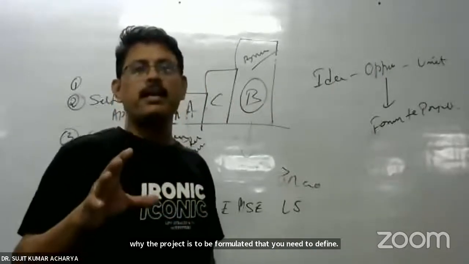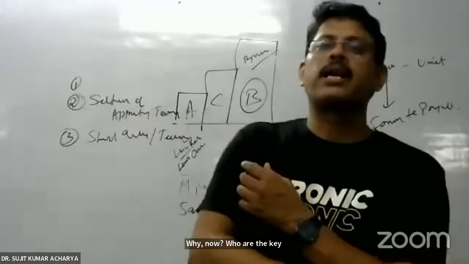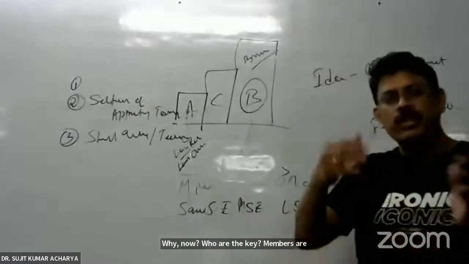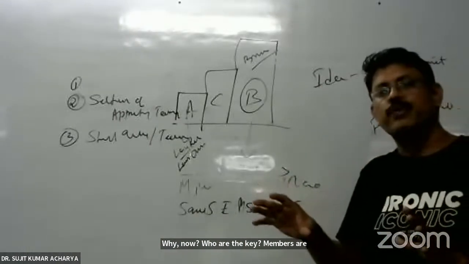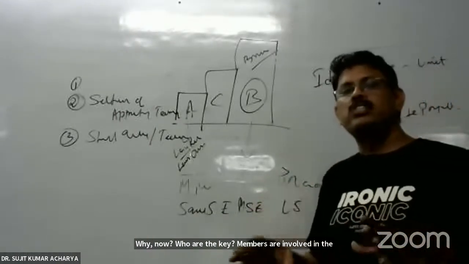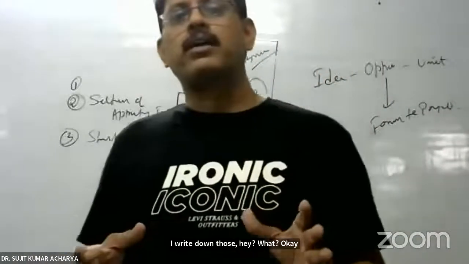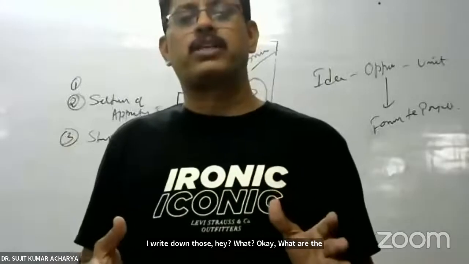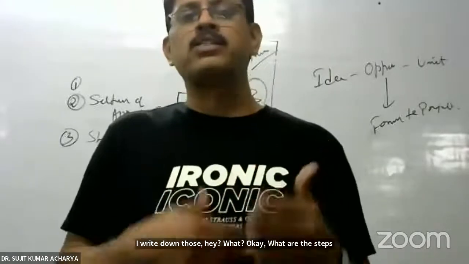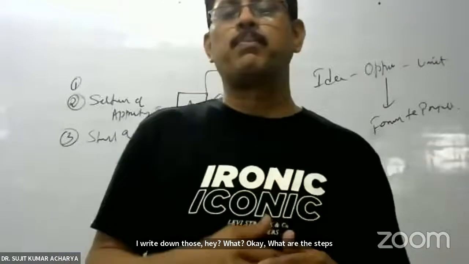Now, who are the key members involved in the project formulation, then you need to write down those. And what are the stages? What are the broad steps that should be considered at the time of formulation of the project report.